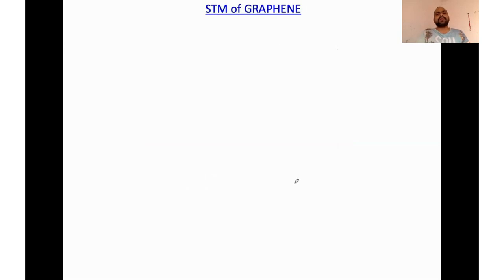Or maybe in another image, a beautiful honeycomb hexagonal structure of graphene can be visualized by STM analysis.